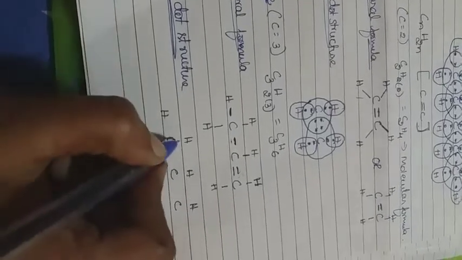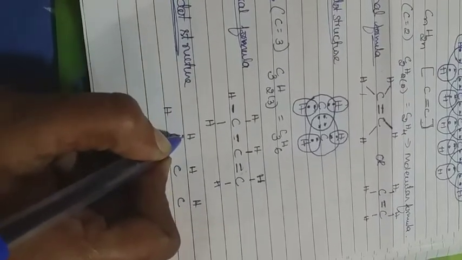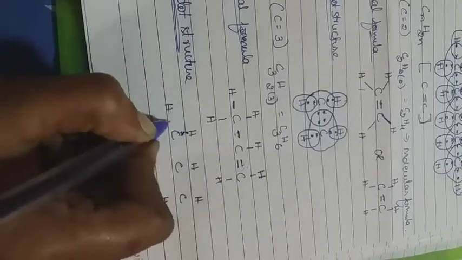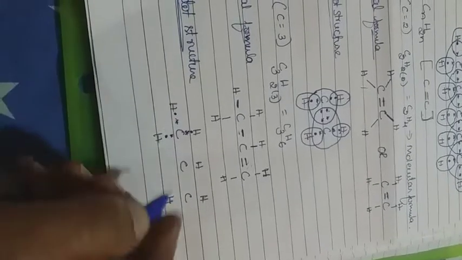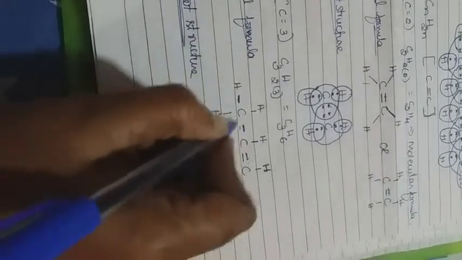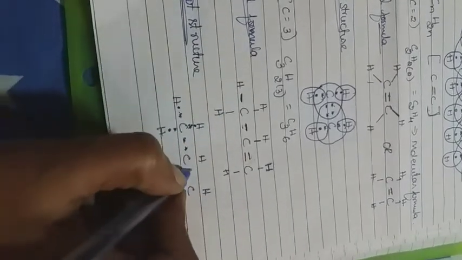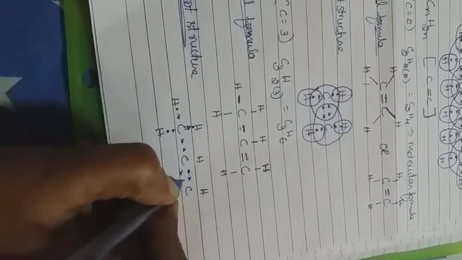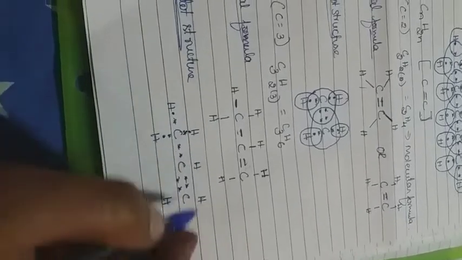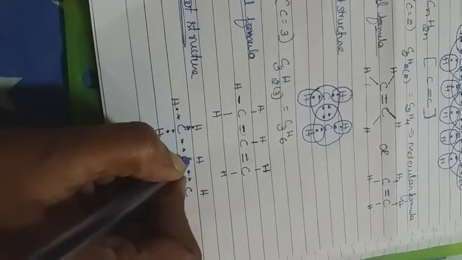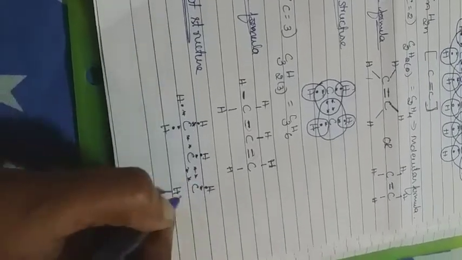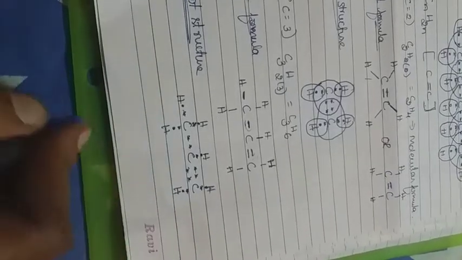Next, carbon is paired with 1 star electron, 1 dot, 1 star electron, 1 dot, 1 star electron, 1 dot, and here there will be a single bond only, therefore 2 star electrons. Here there will be the double bond, therefore 4 star electrons. If the double bond is there, 4 star electrons. If a single bond is there, 2 star electrons. Here 1 star electron 1 dot, 1 star electron 1 dot, 1 star electron 1 dot.